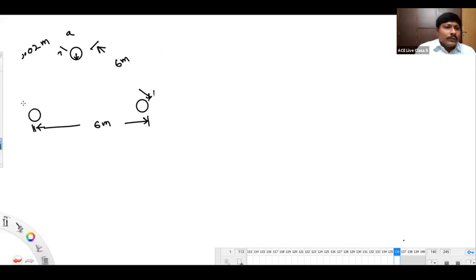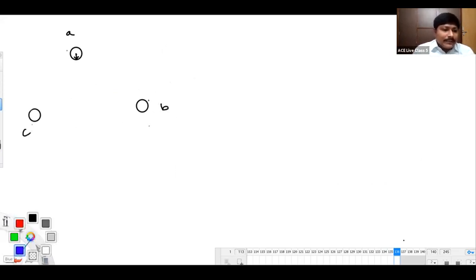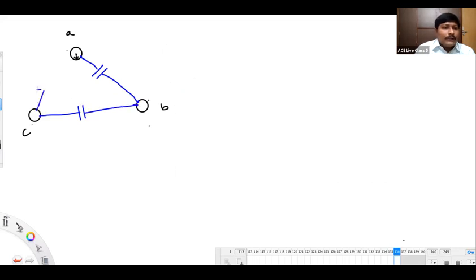These are A, B, C conductors, right? And the interline capacitance means conductor to conductor capacitance. You can show it simply like this: A to B, B to C, C to A. These capacitances we need. Of course, all the three capacitances will be equal.